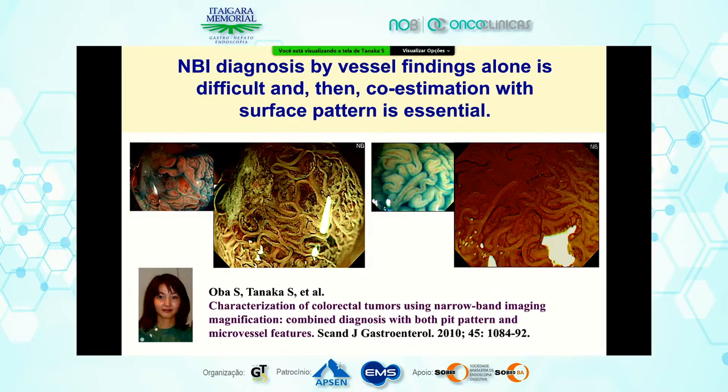When we use the JNet classification, we estimate both vessel pattern and surface pattern to diagnose JNet typing. Vessel pattern and surface pattern is not "and/or", it is both. So in this region we can diagnose regular surface pattern, even if vessels are irregular.